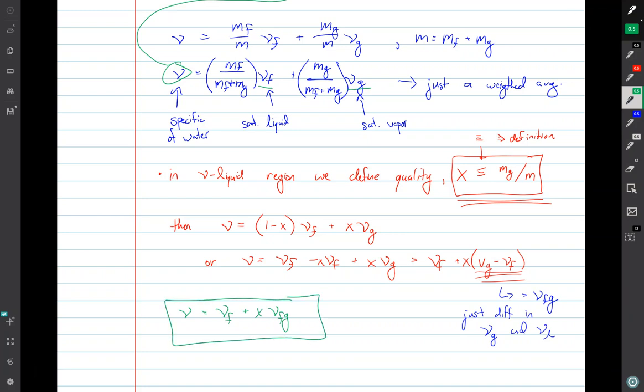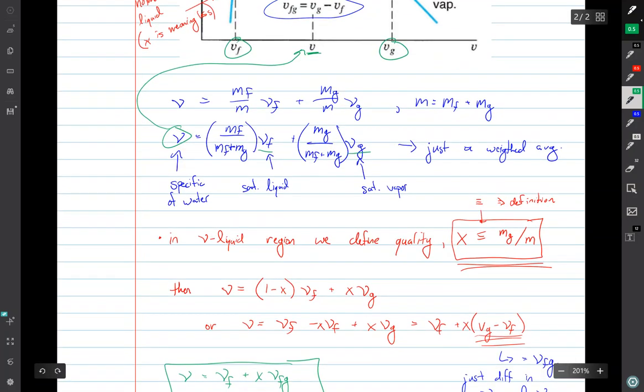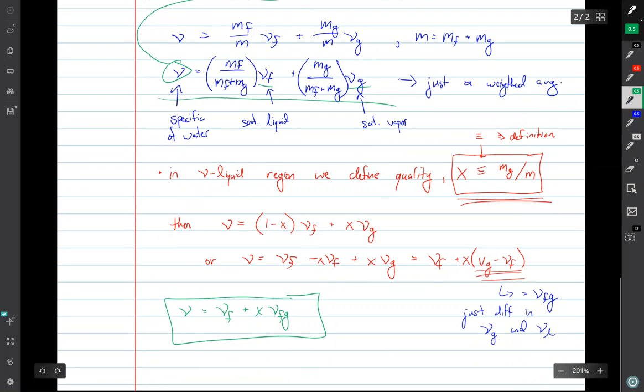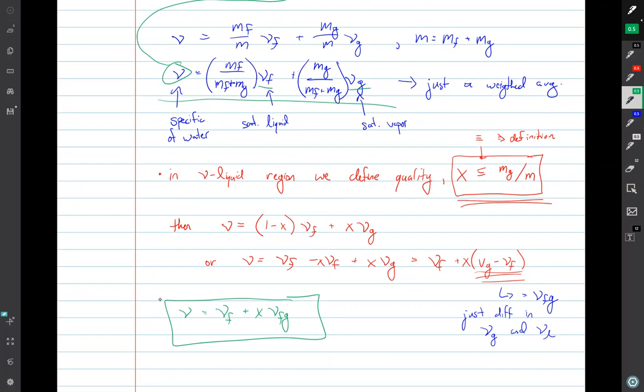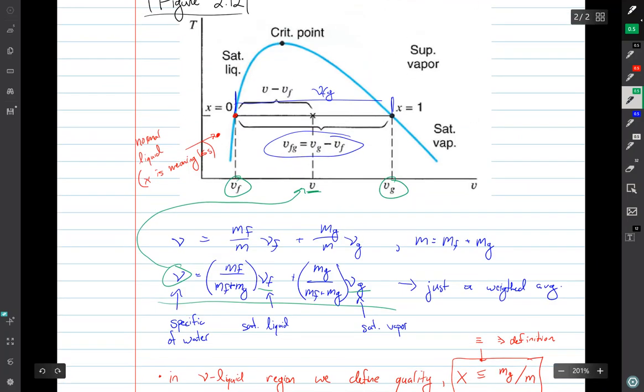Again, where this comes from is really that the specific volume is, as we set up here, just a weighted average of the liquid and the vapor, but now we're introducing this term quality. So we'll put a double box around this one because this is going to be something that we'll use a lot. Whenever we need to look at things that are happening in the vapor liquid region, somewhere under that curve, we're going to be using this concept of quality to describe what the material properties are.